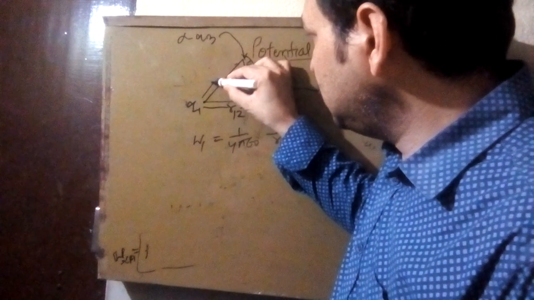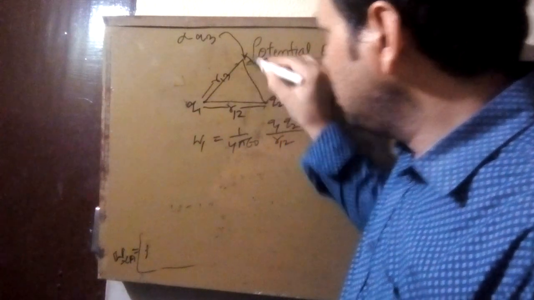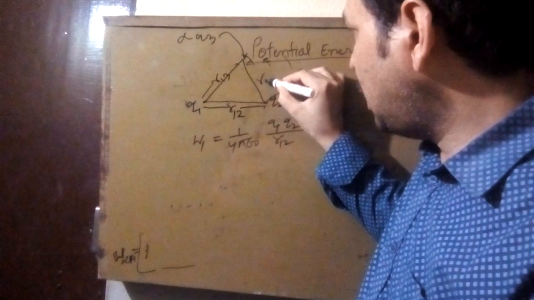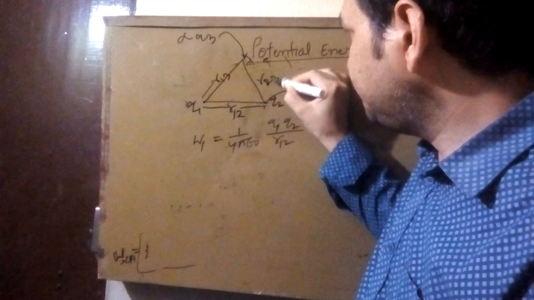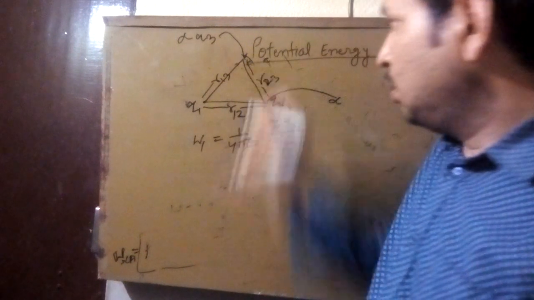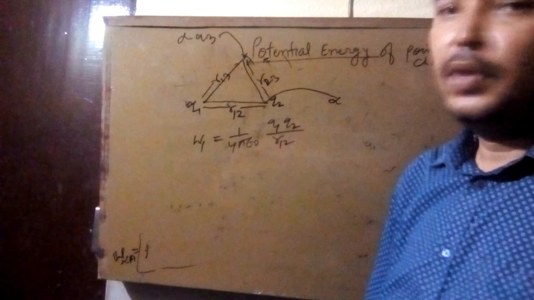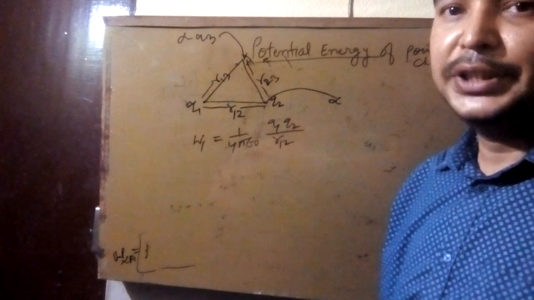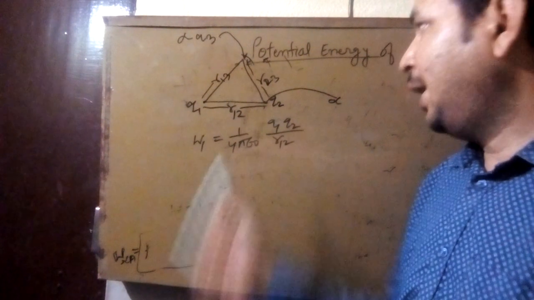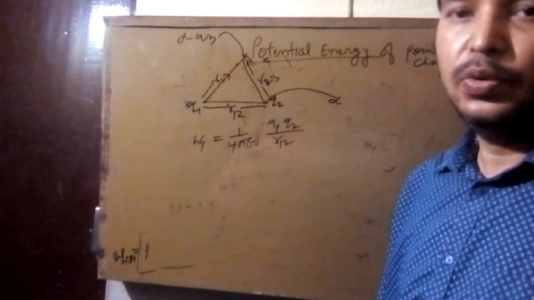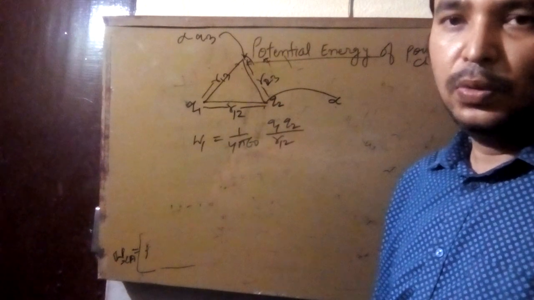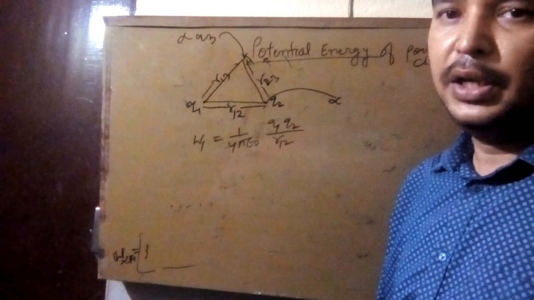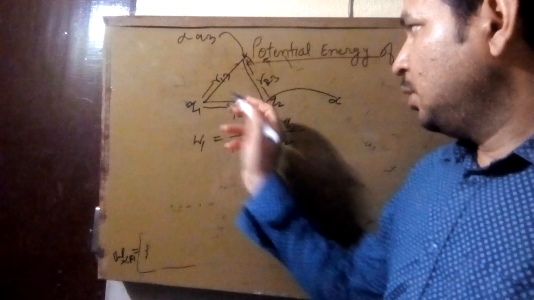Suppose this distance is R13 and this distance is R23. You can see that when we are bringing the charge Q3, we are doing work against the electric field of Q1 and against the electric field of Q2. So we have to calculate the work separately and then add it.